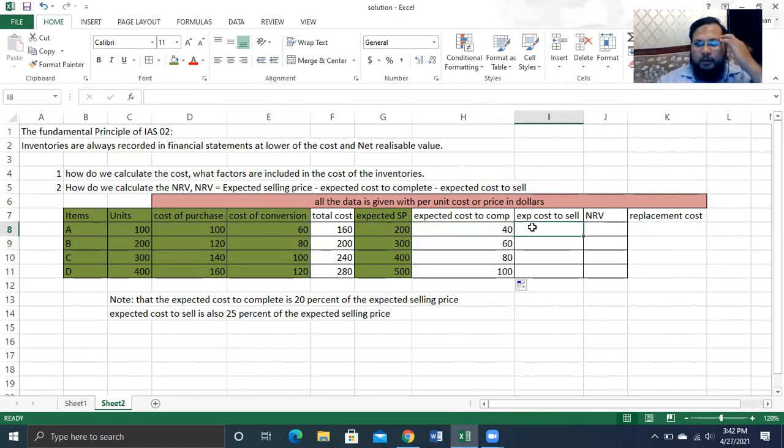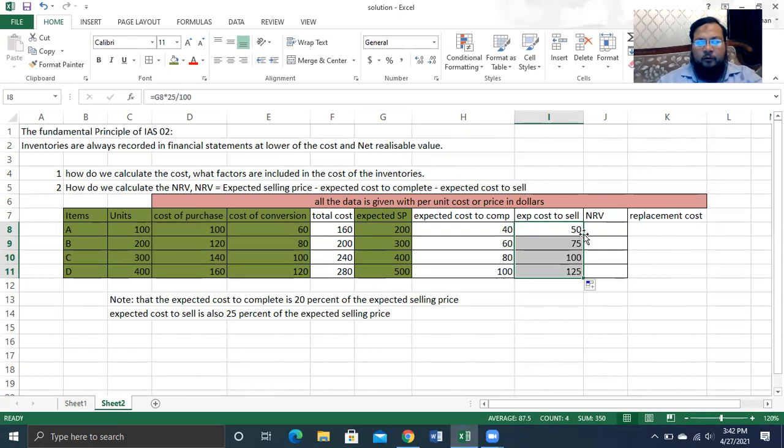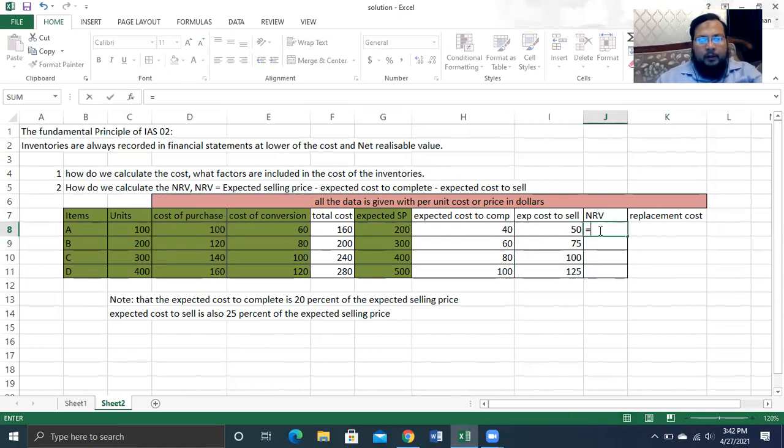And then the cost to sell will be, you take the selling price and you take 25% of that expected selling price and just apply the formula to all the values. Now, how do you calculate NRV? You will take the expected selling price, you will subtract expected cost to sell, you subtract expected cost to complete, and that is how you arrive at NRV.